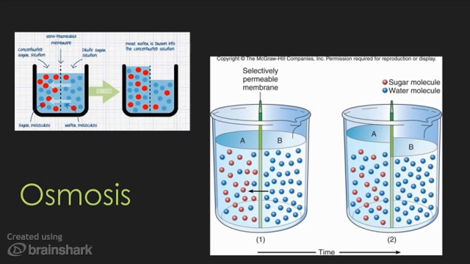So as you can see, it starts with the beaker on the left. One side of the beaker is all water molecules, which are blue, and the left side of the beaker is sugar water, because there is sugar and water molecules on the left. Now, after a period of time, say 24 hours, if you looked in the beaker on the right, the first thing you notice is the water levels are different.